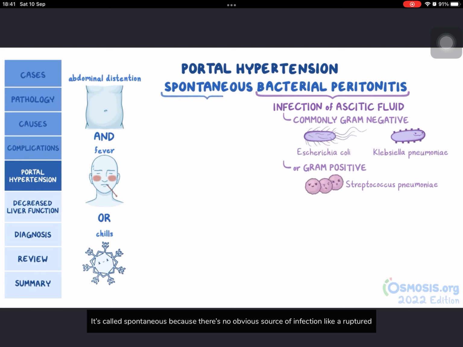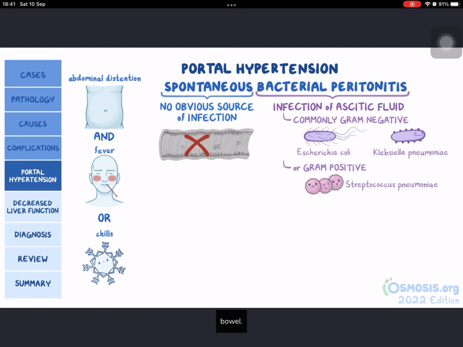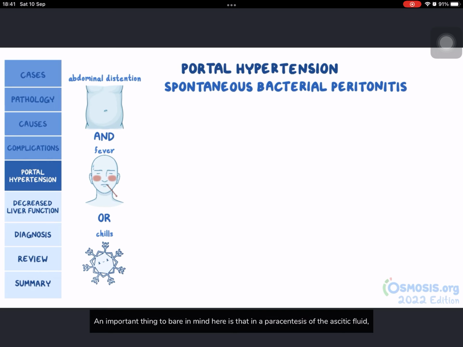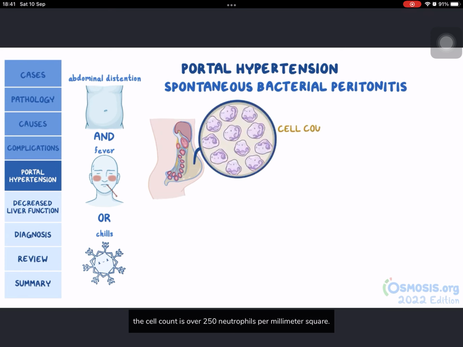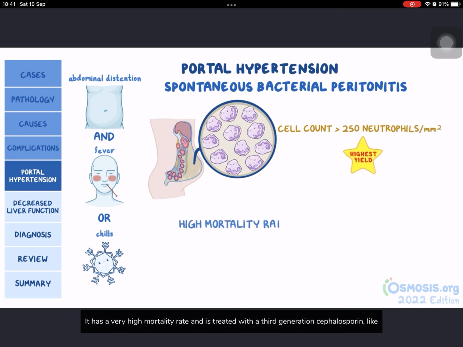It's called spontaneous because there's no obvious source of infection, like a ruptured bowel. An important thing to keep in mind here is that in a paracentesis of the ascitic fluid, the cell count is over 250 neutrophils per millimeter squared. It has a very high mortality rate and is treated with a third-generation cephalosporin, like cefotaxime.